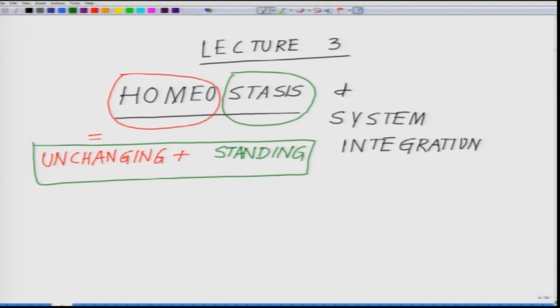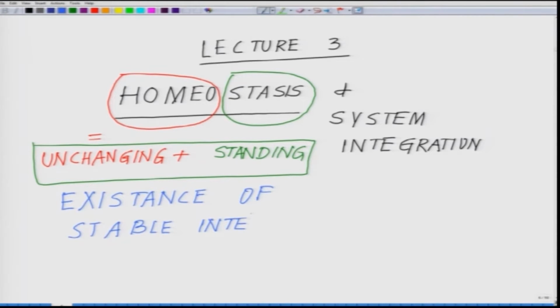In simple language, that means the existence of a stable internal environment.